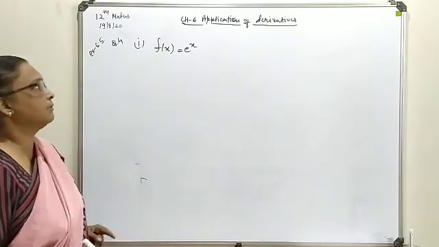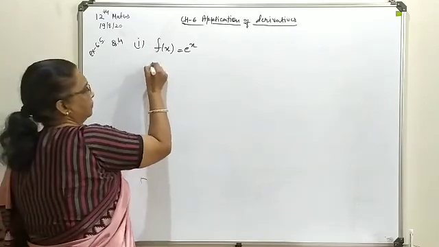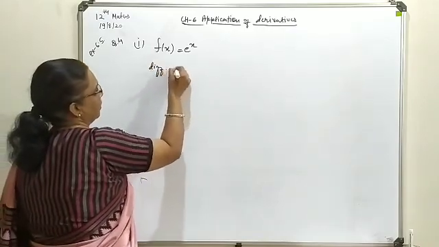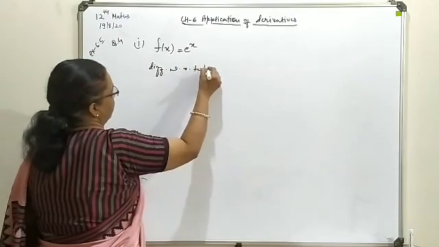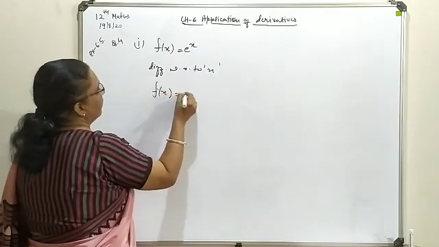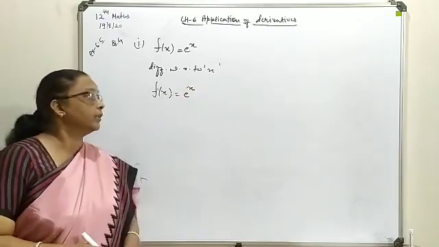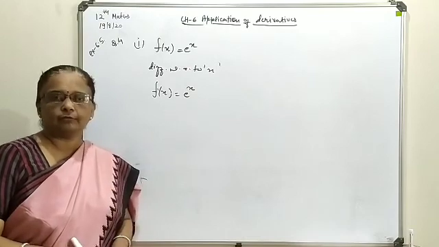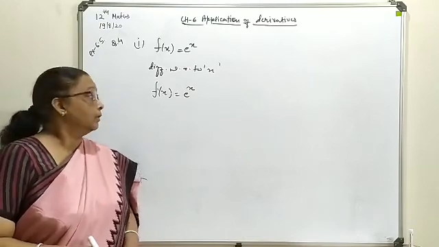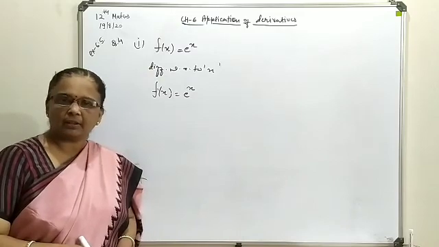Now here we will first write the first derivative. So differentiate with respect to x. f dash x will give you e power x. Now the next step is to find the value of x which will give the solution for maxima and minima evaluation.